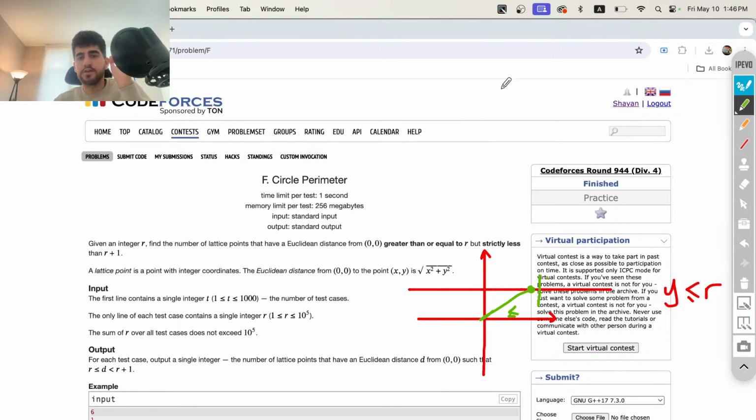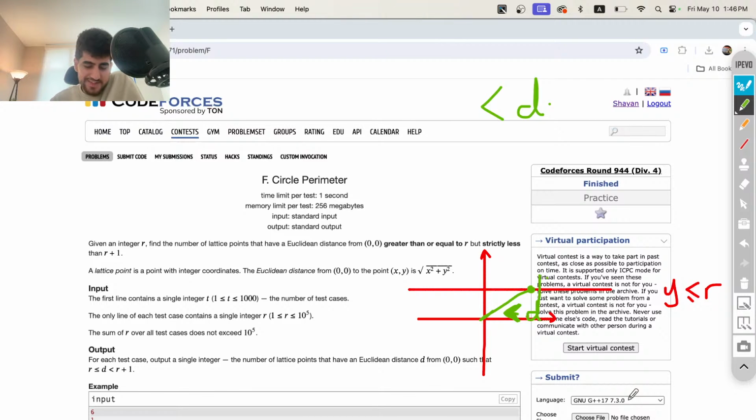Let's call that d. I want to count all the points whose distance is less than d. So I will find the last point such that the distance from the origin to it is strictly less than d. I can find that with a binary search, right?